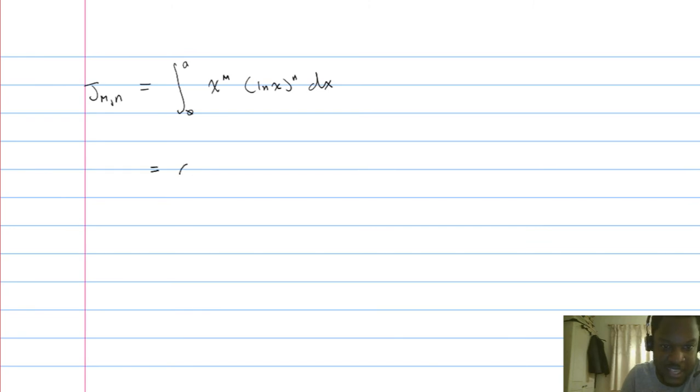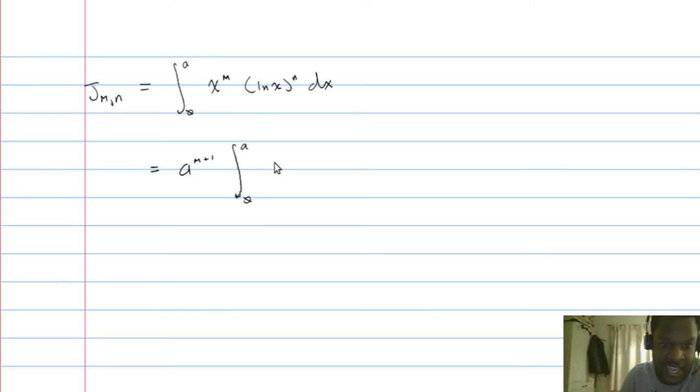but now I'm completely fine with just going ahead and noting that, if I put an a to the m plus 1 on the outside, we have just enough factors of a to multiply in to take over all occurrences of x that are outside of the logarithm, and you'll see what I mean when I write that in a second.